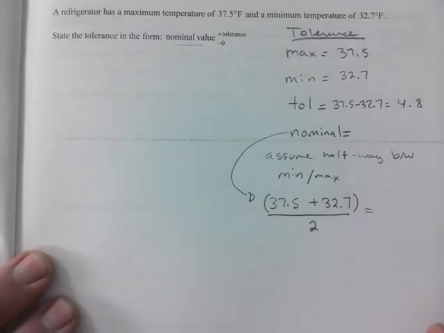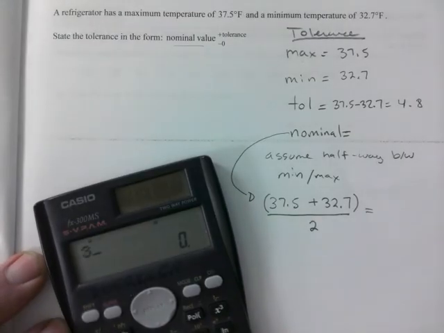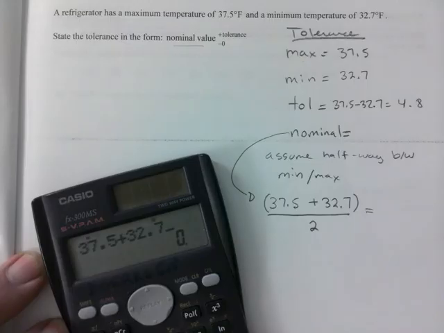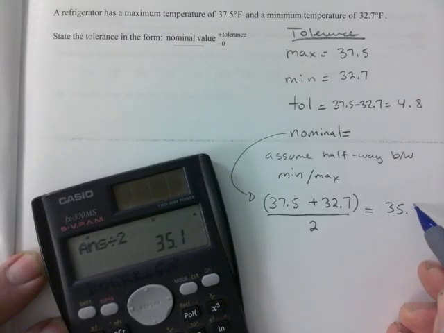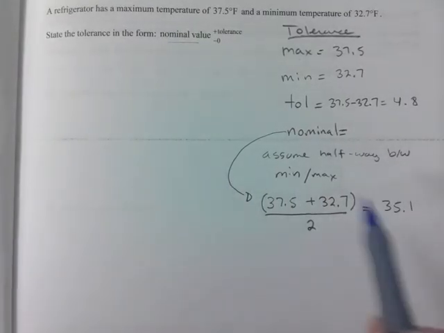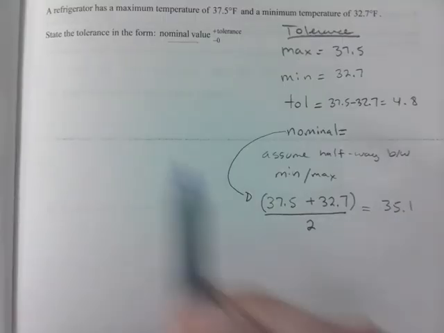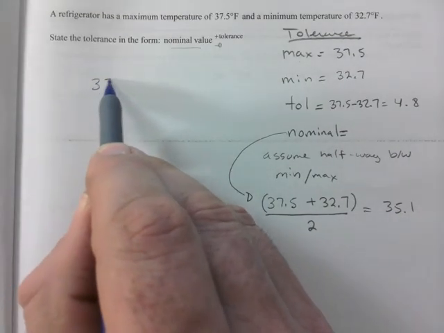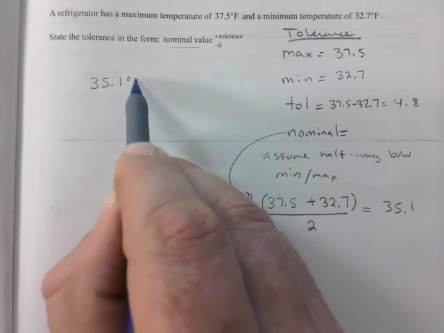You're basically finding the average of these two. 35.1. That's my nominal. Okay, in this case. So now we're ready to state this thing. Okay, so the nominal is 35.1 degrees Fahrenheit.